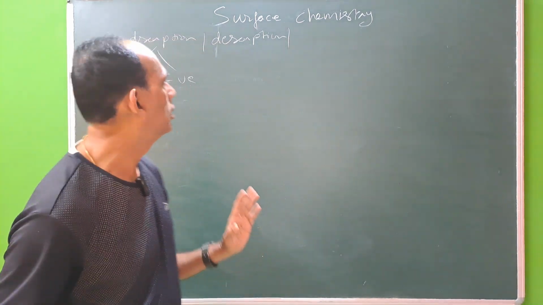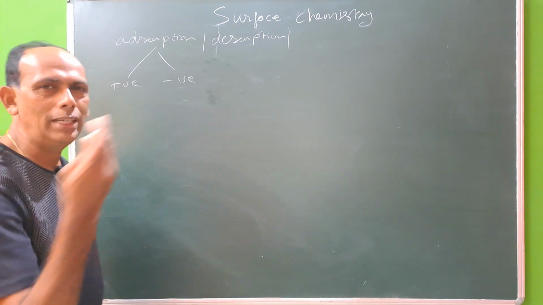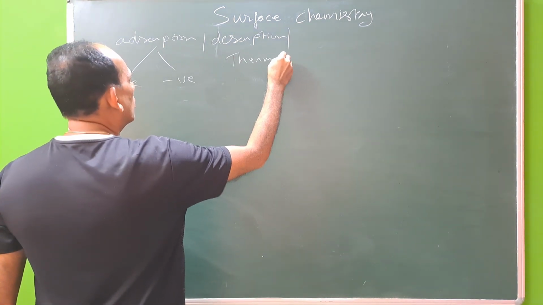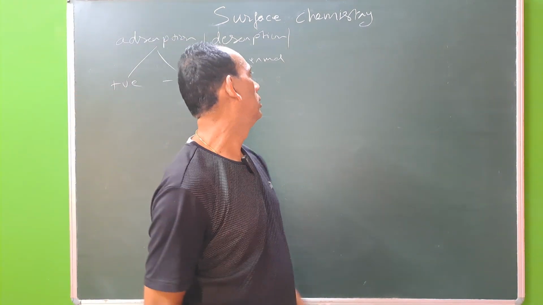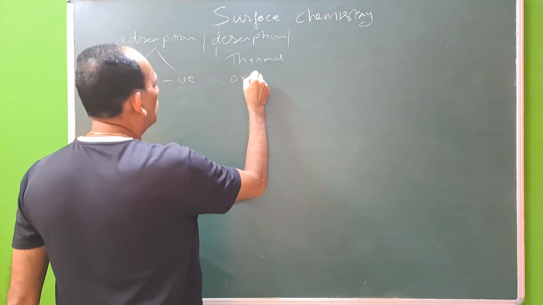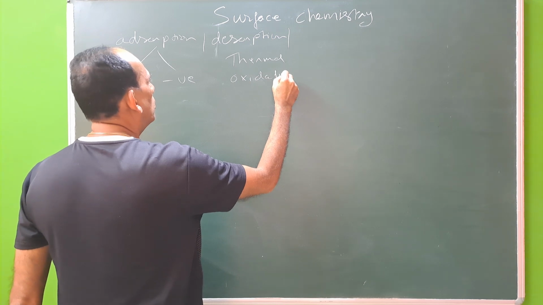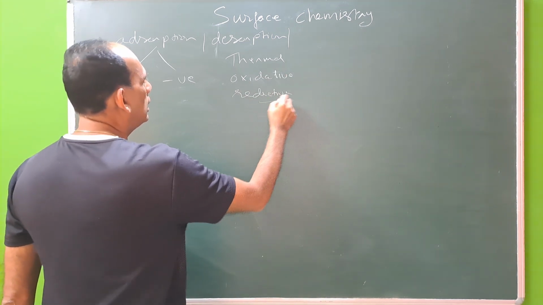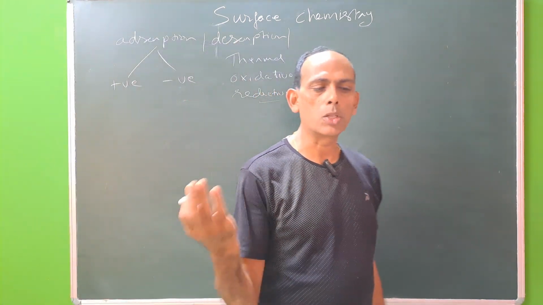That's called desorption. This is also used. There are different types of desorption. One is thermal. Now I'm not going into the detail. Then there is oxidative. There is reductive. These are the different processes by which desorption is carried out.